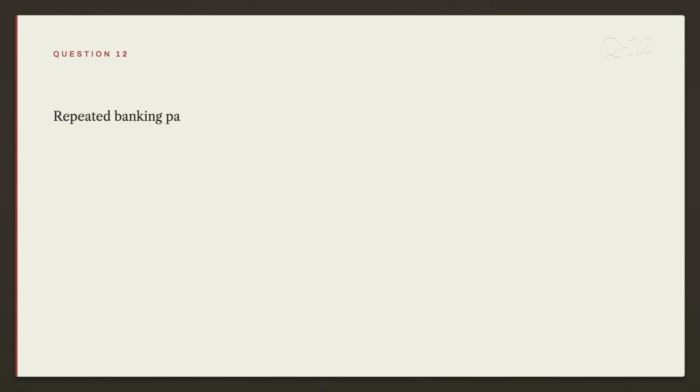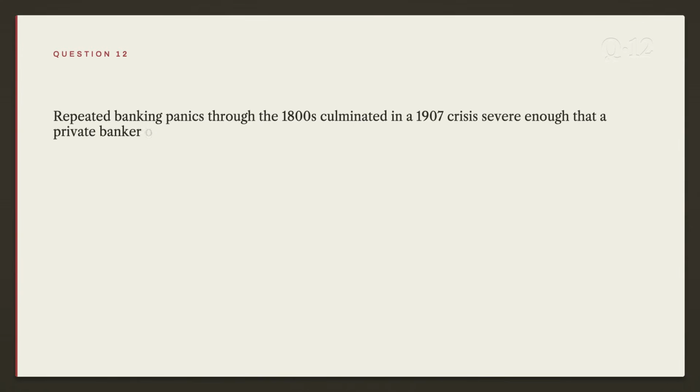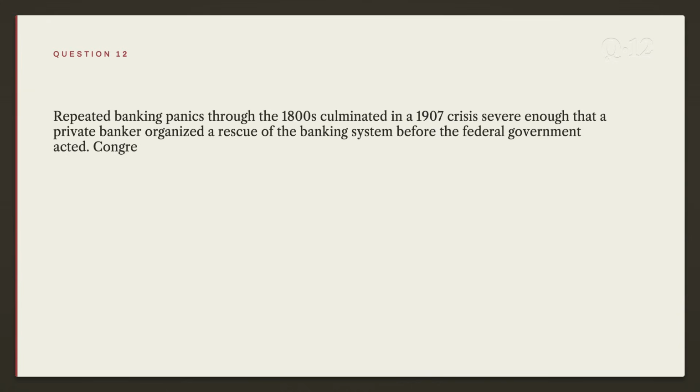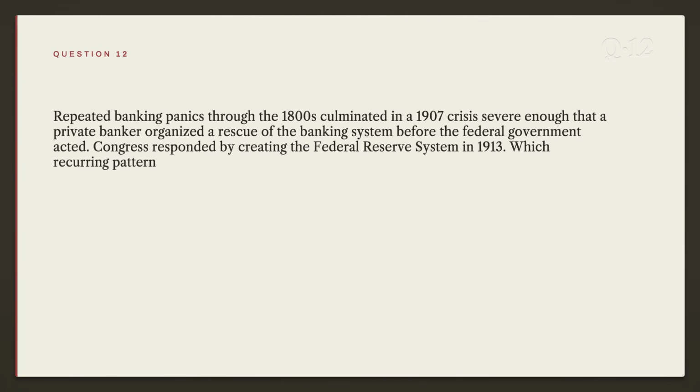Question 12. Repeated banking panics through the 1800s culminated in a 1907 crisis severe enough that a private banker organized a rescue of the banking system before the federal government acted. Congress responded by creating the Federal Reserve System in 1913. Which recurring pattern in financial services does the sequence illustrate?